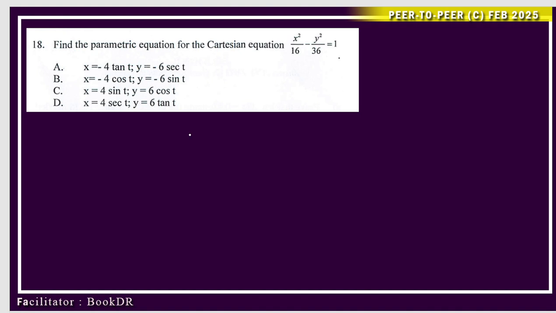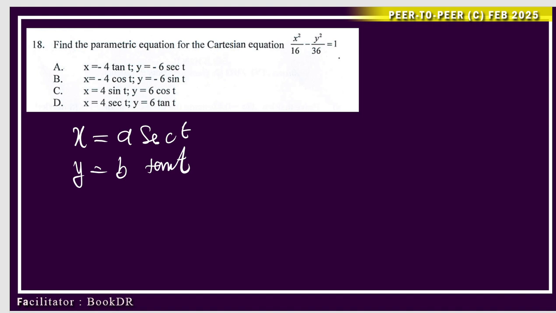So we have to find the parametric equation for the Cartesian equation. So this is the Cartesian equation, and we are converting it to a parametric equation. I think this one too is not within your domain, but let's do it. To convert it to parametric equation, x is equal to a sec t, then y is equal to b tan t. So what you need to do is to determine a and b, like how we did with the first one.